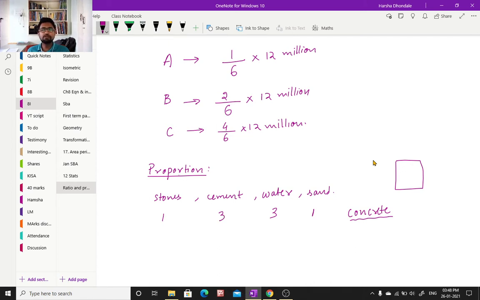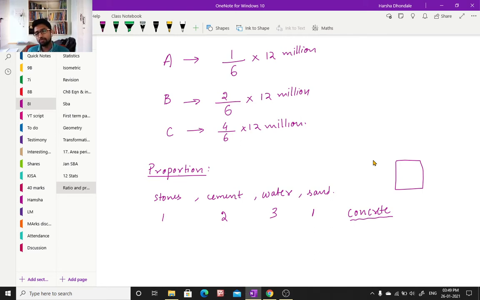Maybe it takes more time to get set, and the strength of the concrete increases further. Or I change the quantity of water, again the characteristic changes. Or I increase the amount of sand, then maybe the strength of the concrete reduces, and it gets set more quickly, something like that. So this is what I have done to prepare my concrete mixture.